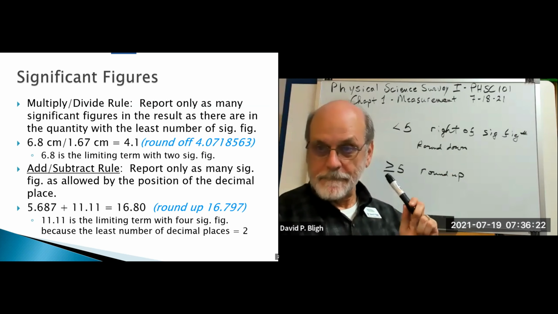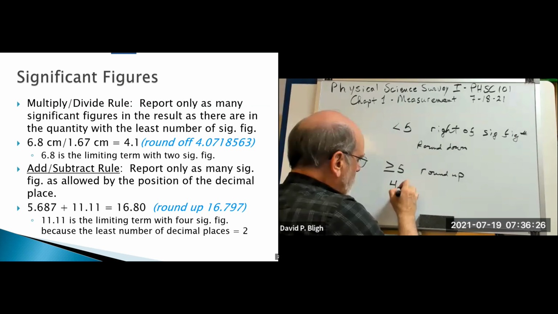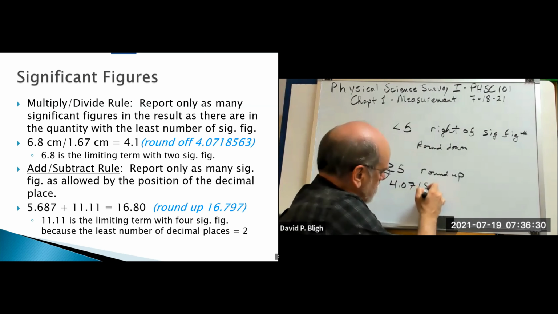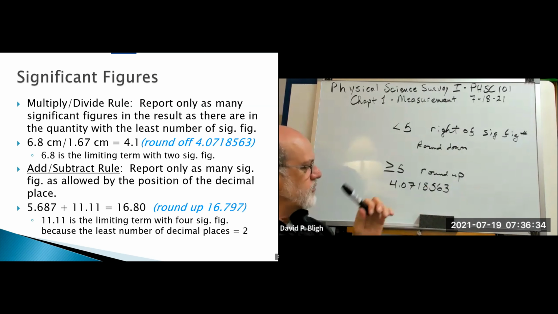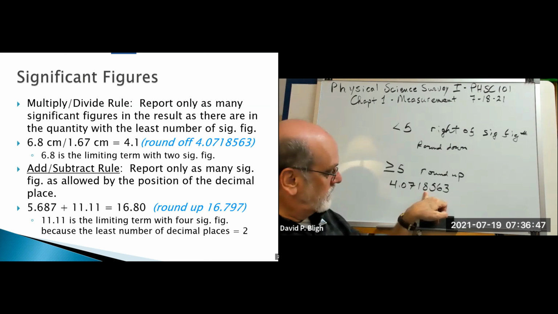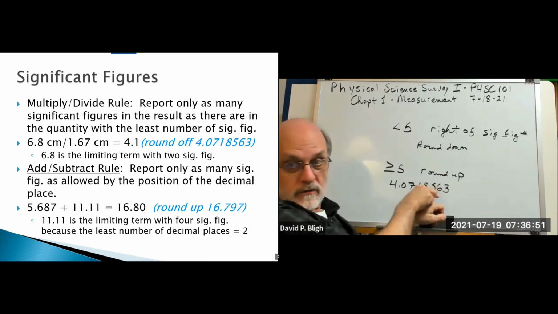Okay. So how would we do that with 4.0718563? If we wanted to round to 5 significant figures, start from the left: 1, 2, 3, 4, 5. That's the last position that we legally can keep. That means you look to the right, just here, and ignore those.